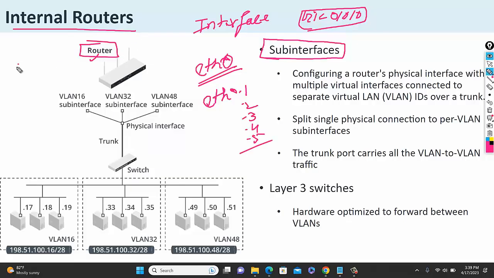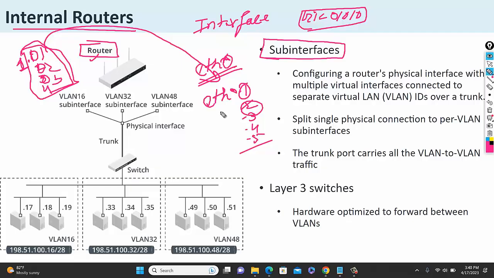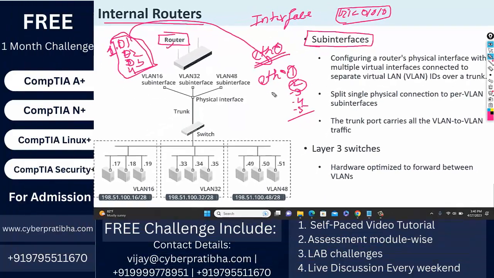When we are using a decimal number like 1, after 1 you can use 0.1, 0.2, 0.3, 0.4, or you can use 1.01, 1.02, 1.03. This is the decimal value. Similarly, this type of value can be used inside the interface, and these values are known as a sub interface.